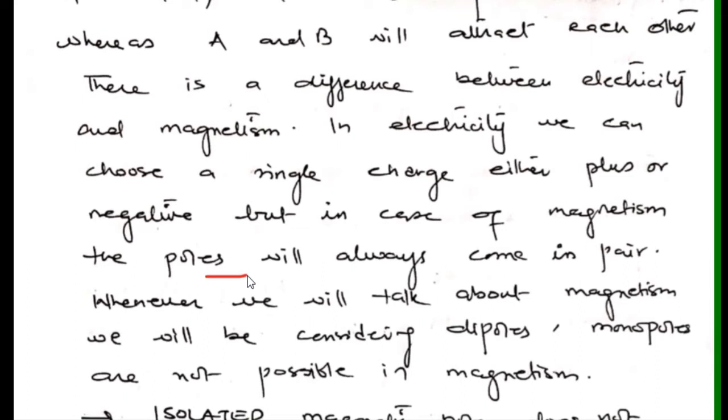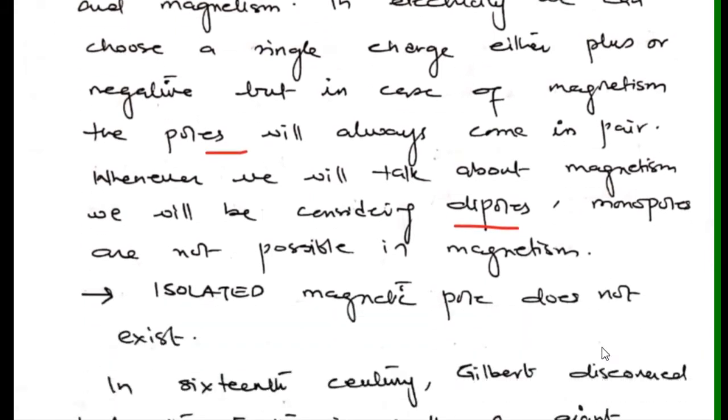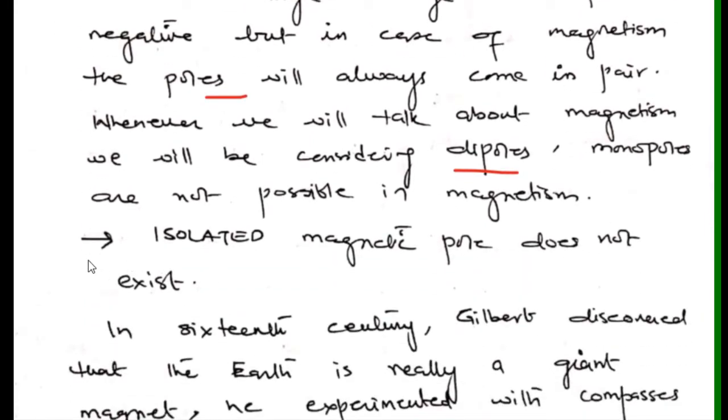They always come in pairs. So whenever we talk about magnetism, we will be considering magnetic dipoles. Monopoles are not possible in magnetism. So remember one thing: isolated magnetic poles do not exist.